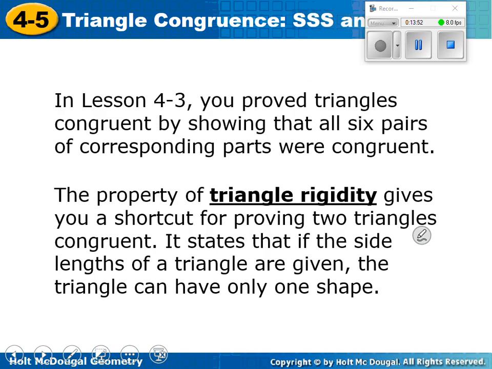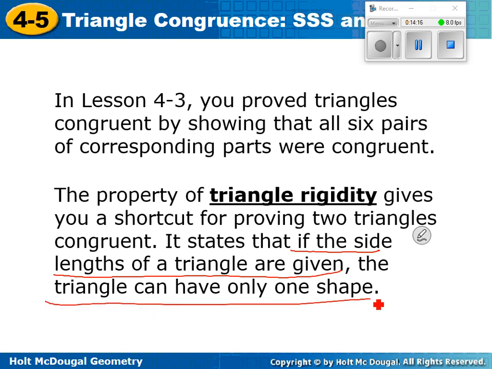Okay, so first of all, the first vocabulary word that's in this section is the property of triangle rigidity. Triangle rigidity gives you a shortcut for proving two triangles congruent, and basically what triangle rigidity says is if the side lengths of a triangle are given, which is where we started today's lesson, side, side, side, then there's only one triangle that can have that shape, and that's called triangle rigidity.